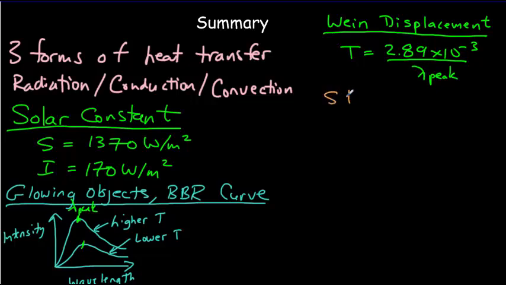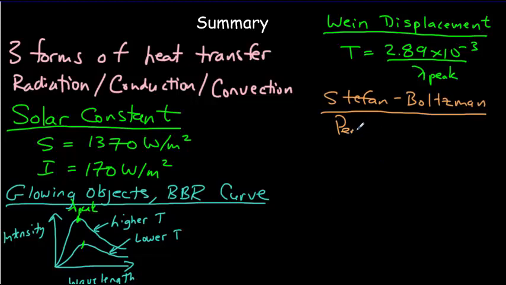We then talked about the Stefan Boltzmann Law. The Stefan Boltzmann Law said that the power emitted by a blackbody varied as the temperature of the surface in Kelvin raised to the fourth power. Or we could write that as P emit equals the Stefan Boltzmann constant times the surface area, 4 pi r squared if we have a sphere, times the temperature in Kelvin raised to the fourth power. And if it was a gray body, we could use something called the emissivity.